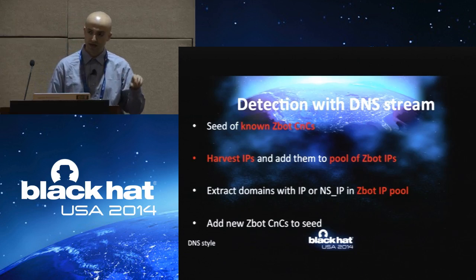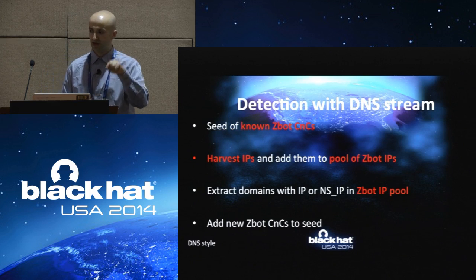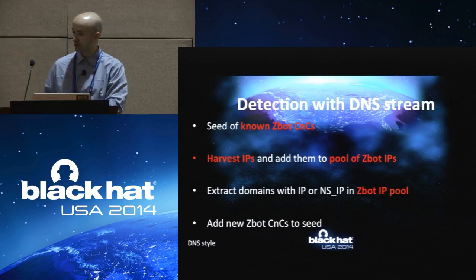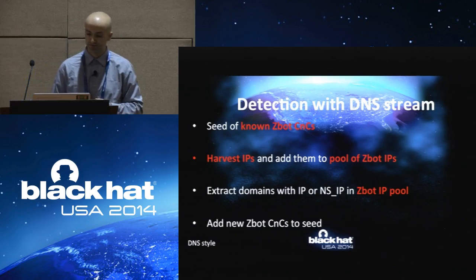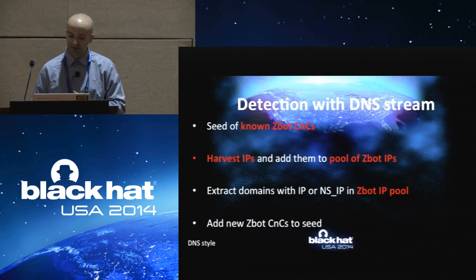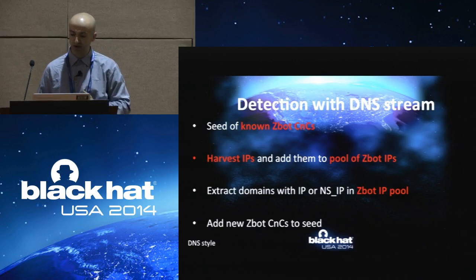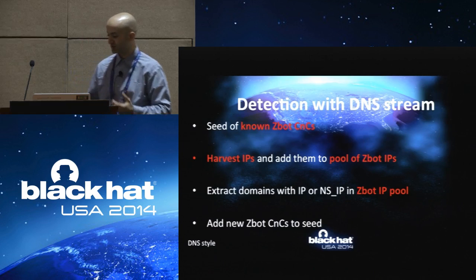Then as the stream goes by in real time, you grab any entry that has an IP in the pool of ZBot IPs or whose name server is also in there, because usually the name servers and the domains are hosted on this kind of proxy network. So these methods are relatively easy to implement, but then we can go further by visualizing this with a nice 3D engine that we proposed yesterday.